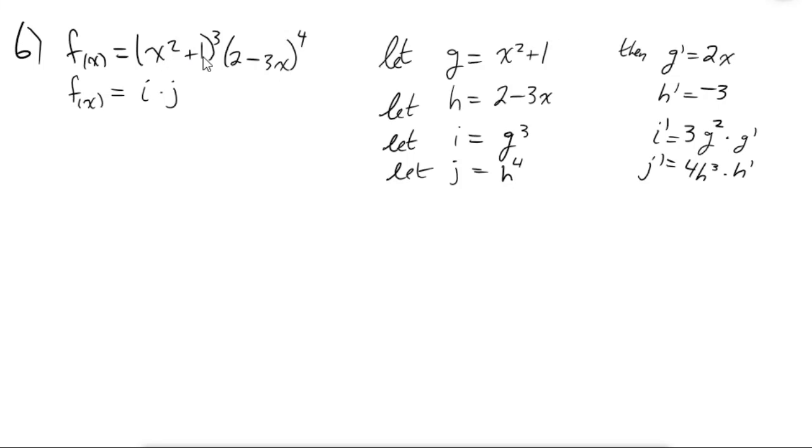So x squared plus 1 to the power of 3 is equal to i, and same for j. Using our product rule, we know that the derivative of f is equal to i times the derivative of j plus j times the derivative of i.